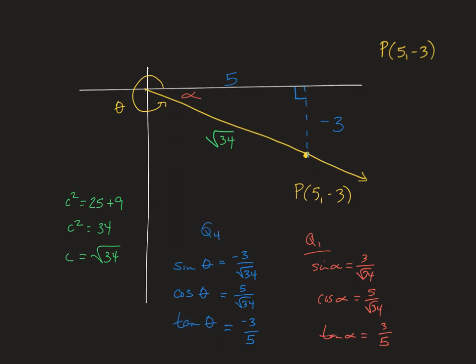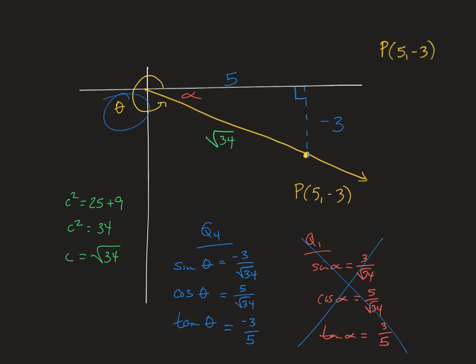And that's in quadrant 4. And so by listing all three of those ratios, you're actually finding the ratios for theta that put you in quadrant 4. You're not finding the ratios for alpha. That's an acute angle.